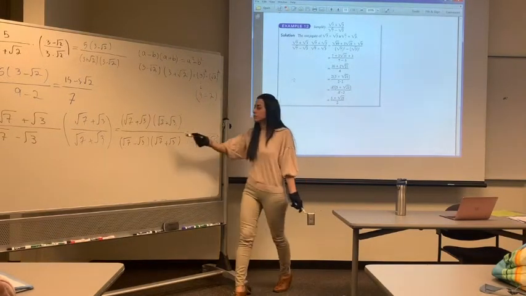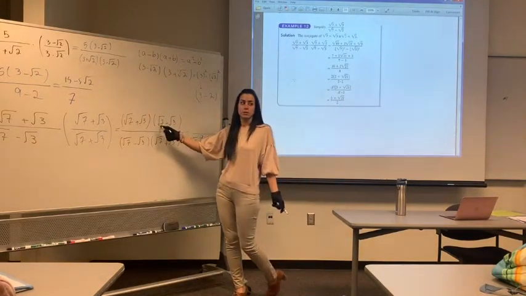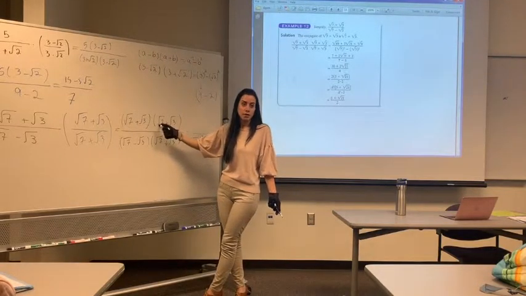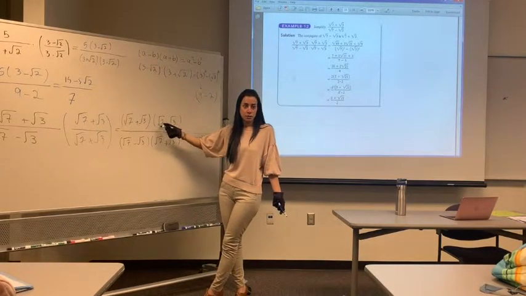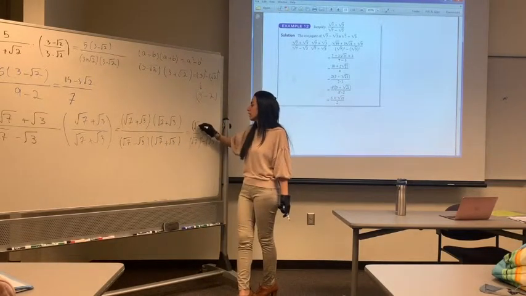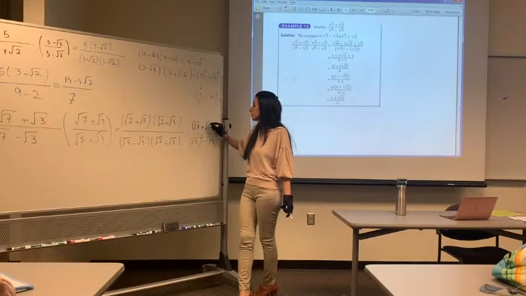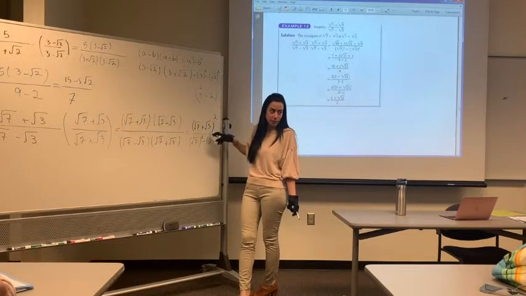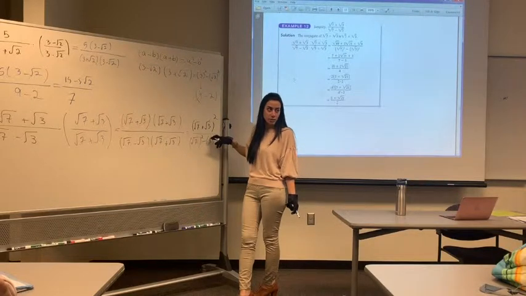To solve this one, you can use FOIL, correct? Or you can use this one, radical 7 plus radical 3, whole thing to the power 2, because you are multiplying this by itself, right?